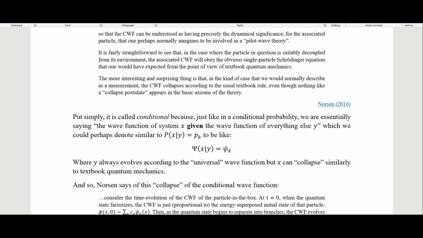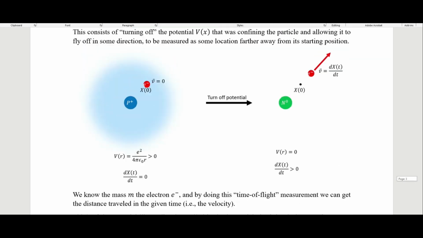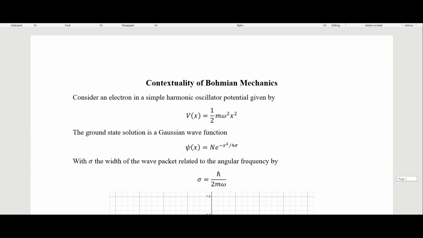But anyway, that was everything I wanted to talk about in this video. Again, the overall thing to take home from this is that Norsen here is showing that Bohmian mechanics is both contextual and non-local, which are two things that have to be true of at least a hidden variable quantum mechanics theory. I guess any quantum mechanics theory would have to be both contextual and non-local.